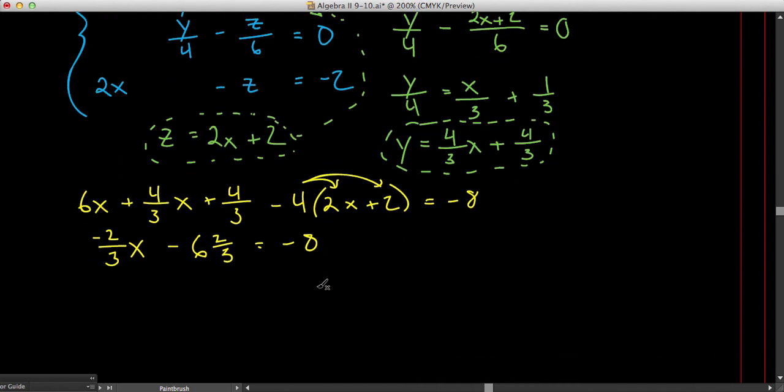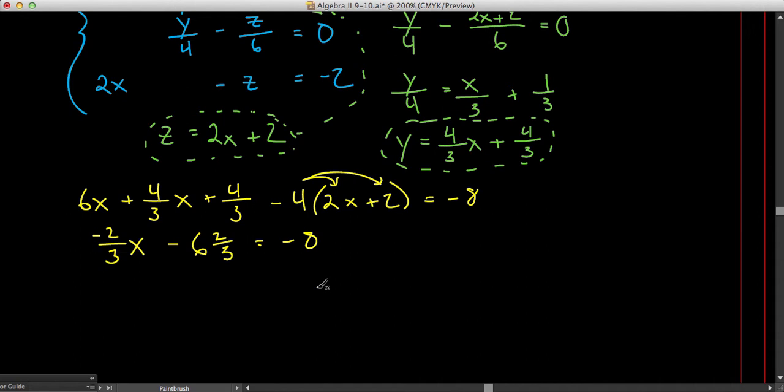Okay. So now all we're left to do is to bring the 6 and 2/3 to the other side and then solve for x. So we'll be left with negative 2/3 x is equal to negative 8 combined with 6 and 2/3, that leaves me with negative 1 and 1/3, which is actually negative 4/3.